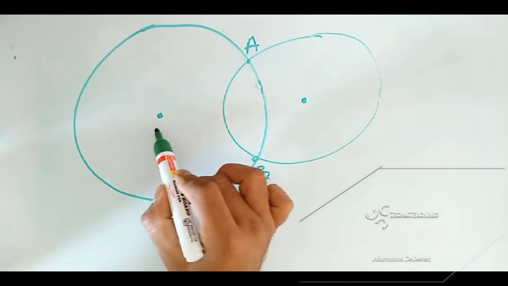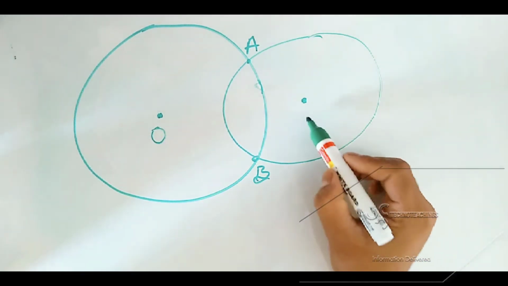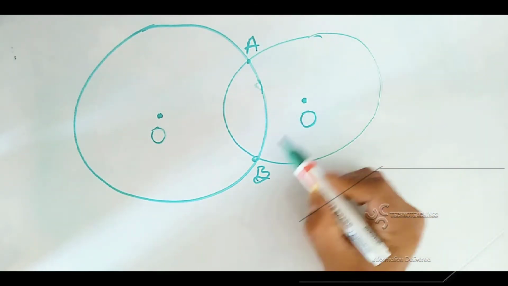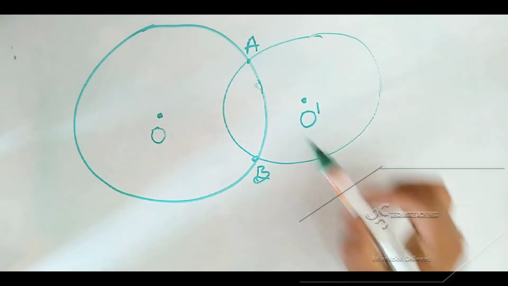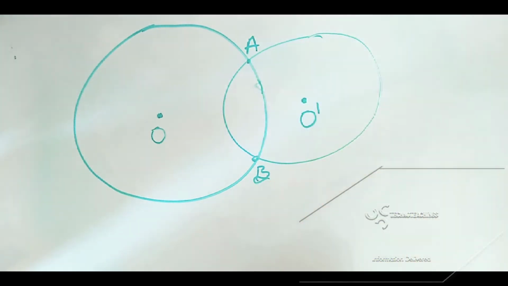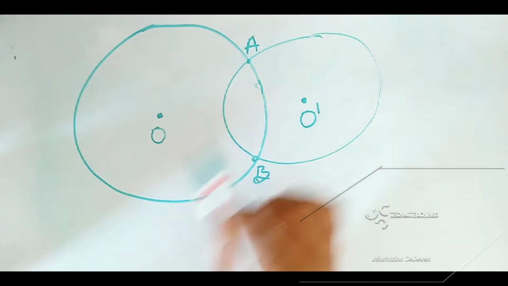So the center of this first circle I'll name as O. The center of the second circle I'll name as O dash. So these are the two center points of the two circles, and these are the intersecting points A and B. Now I will draw the radius.